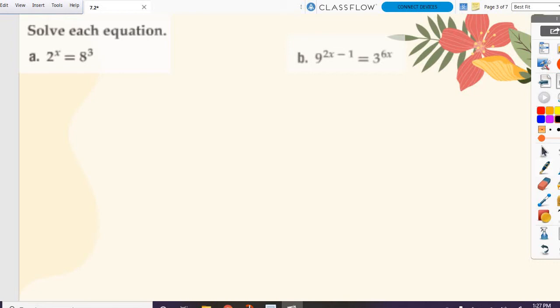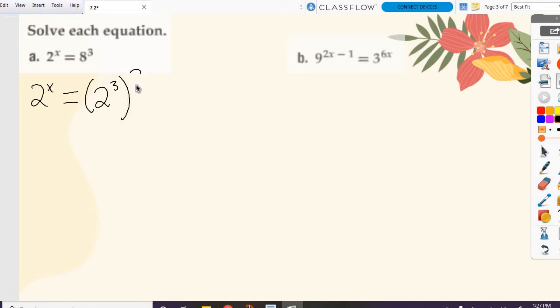However, we can think about, okay, using my exponent rules that we've learned, is there a way that we can rewrite our bases to be the same? And one way of doing that is looking at each of our numbers. So notice that there's no way for us to rewrite 2 because it's a prime number. However, we can rewrite 8 as 2 to the third.